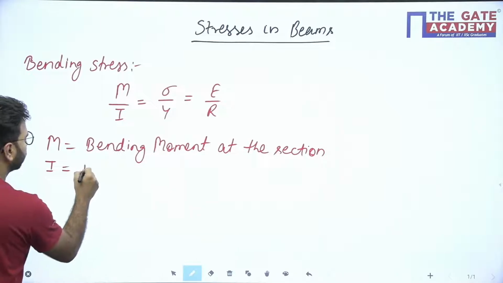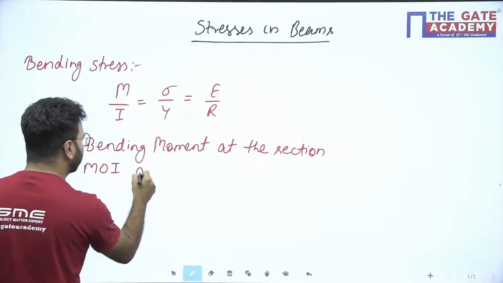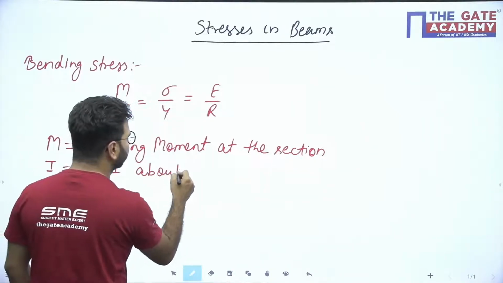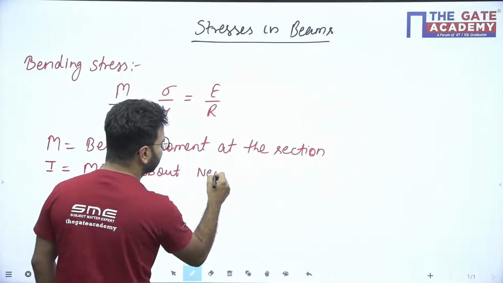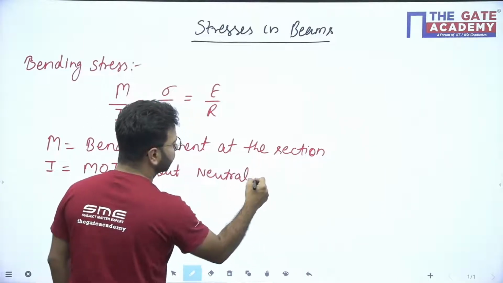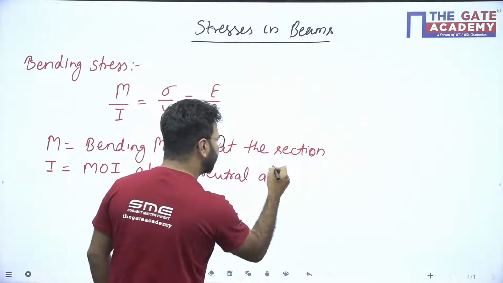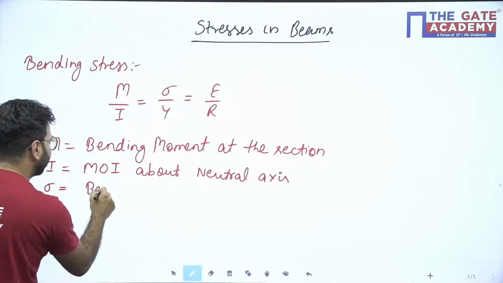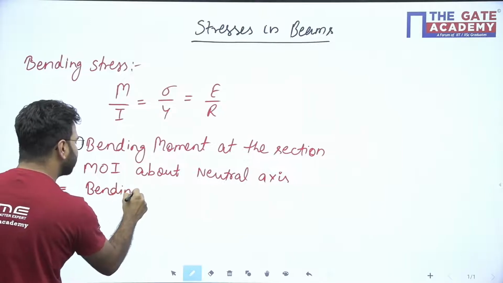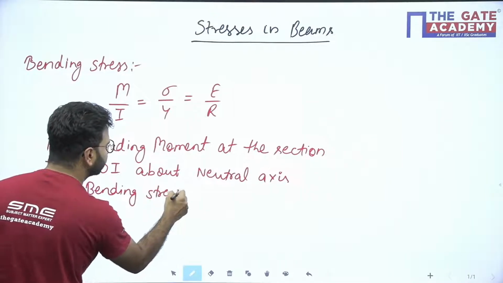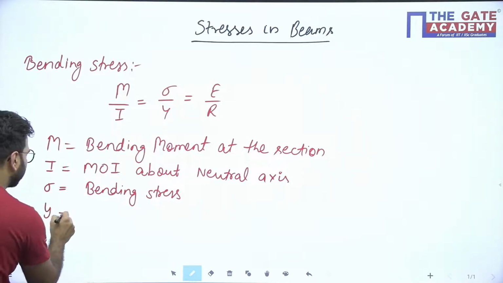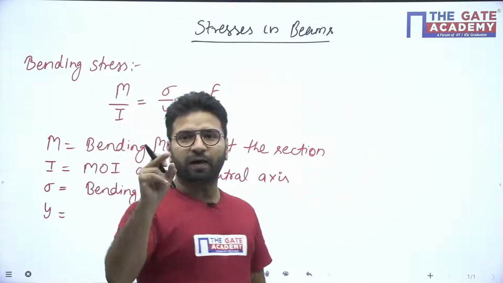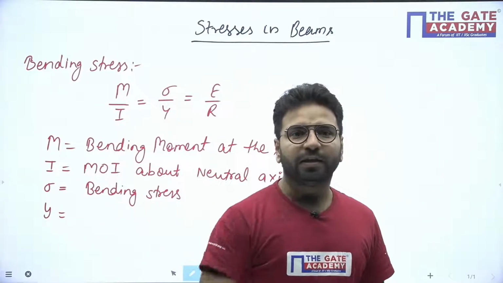I is the moment of inertia about the neutral axis. What is sigma here? Sigma is our bending stress. Y is very much important. Why is it important?